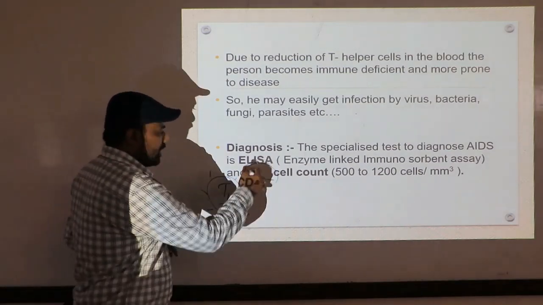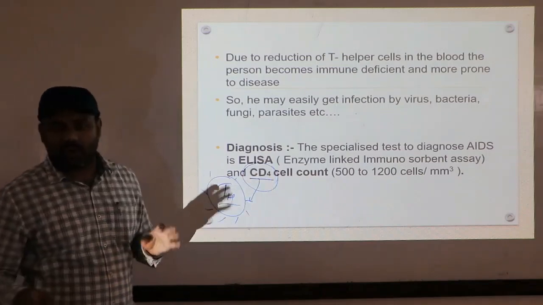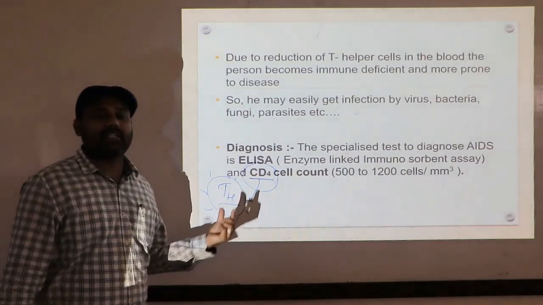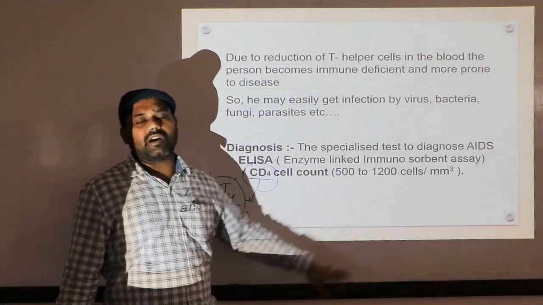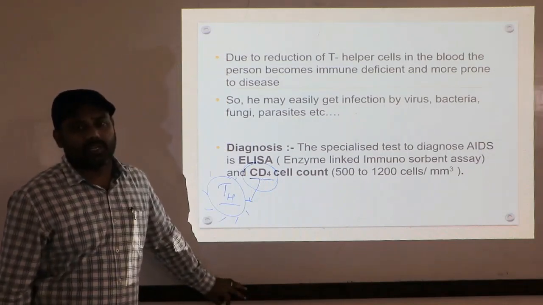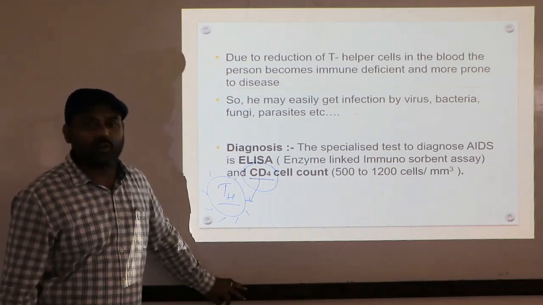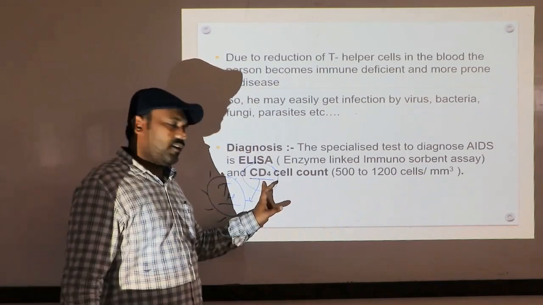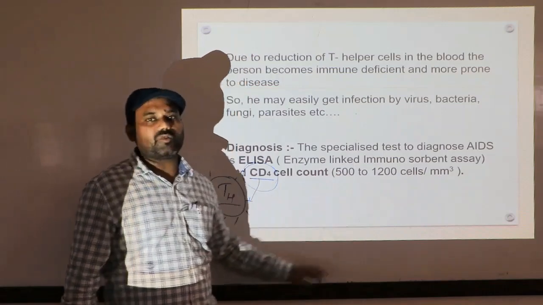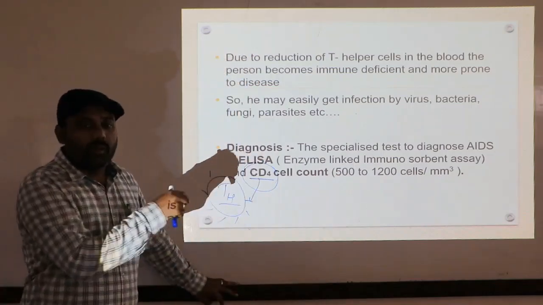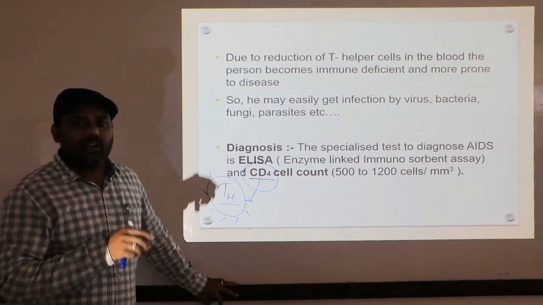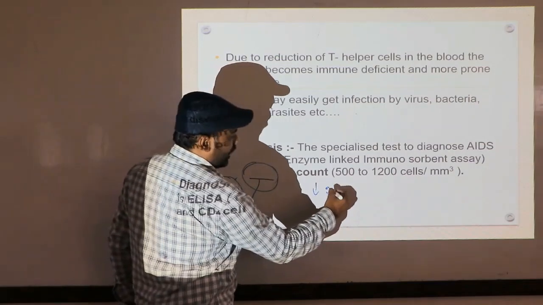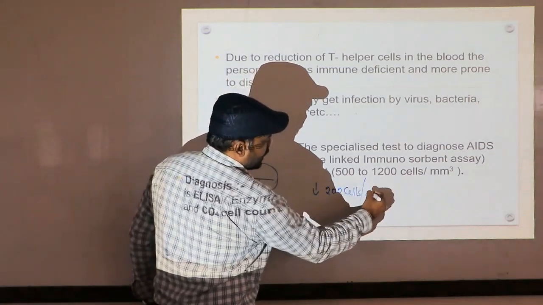Clear? So the normal CD4 cell count, or normal T lymphocyte or T helper cell count in the blood, is 500 to 1200 cells per mm cube. That is millimeter cube. Clear? So in a normal person, the count of the TH cell is almost 500 to 1200 cells per mm cube. But in case of an HIV patient, the count of the CD4 or TH cell is less than 200 cells per mm cube.